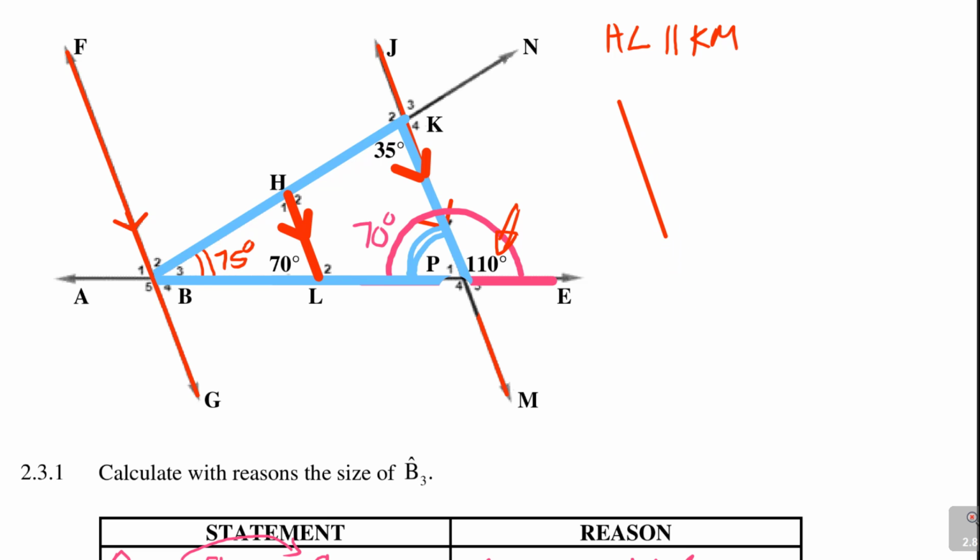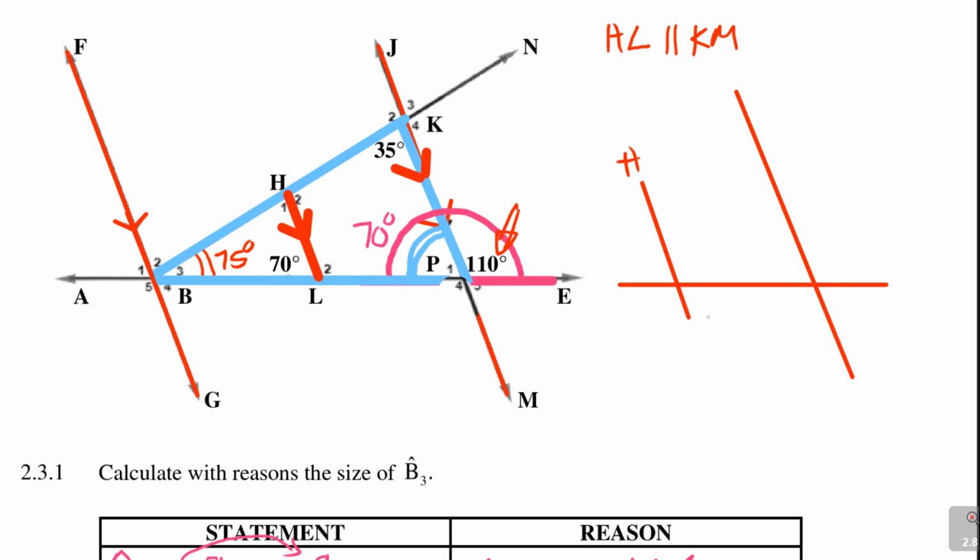It's a bit shorter, so I'm going to take it a bit down, and then I've got the line KM, and then this line like this. Now pay attention. This one is my HL, this one is my KM.